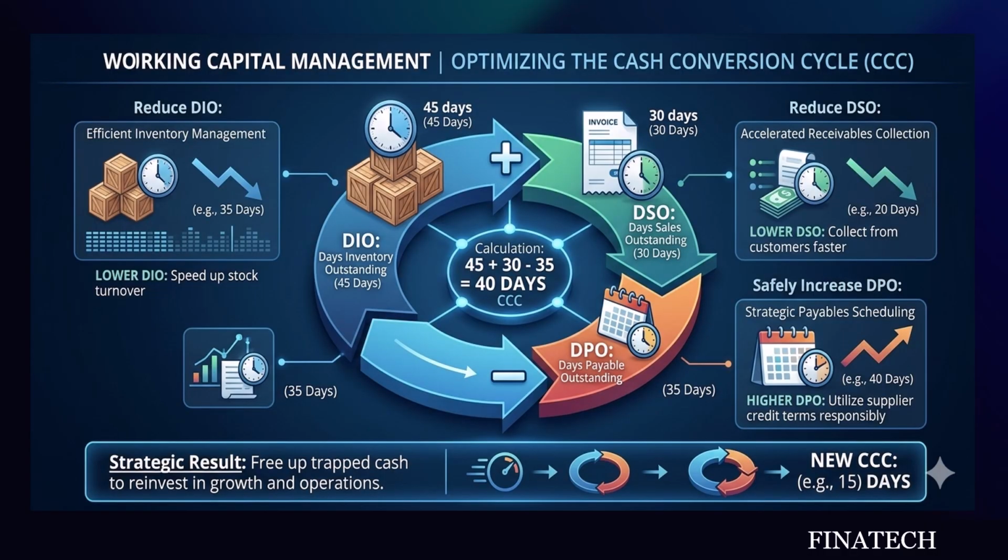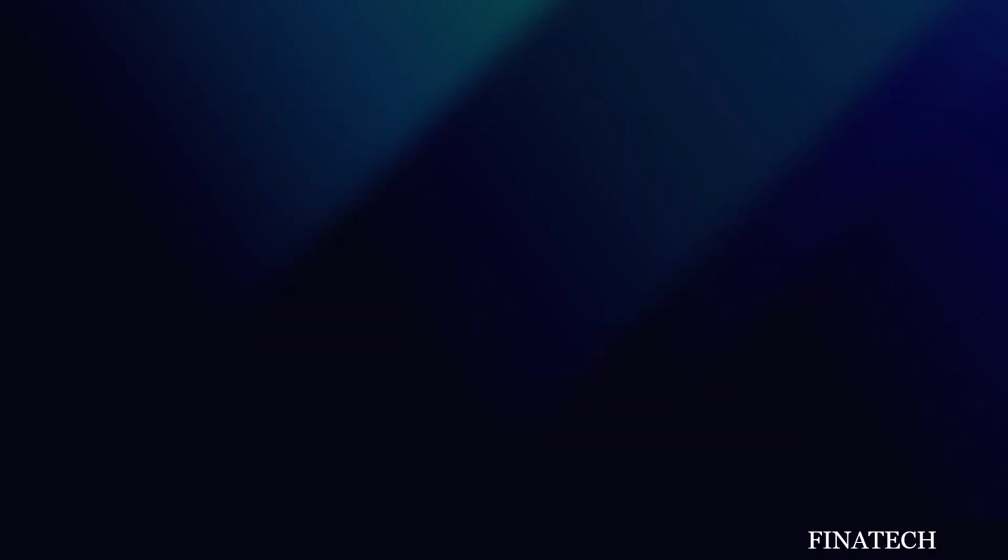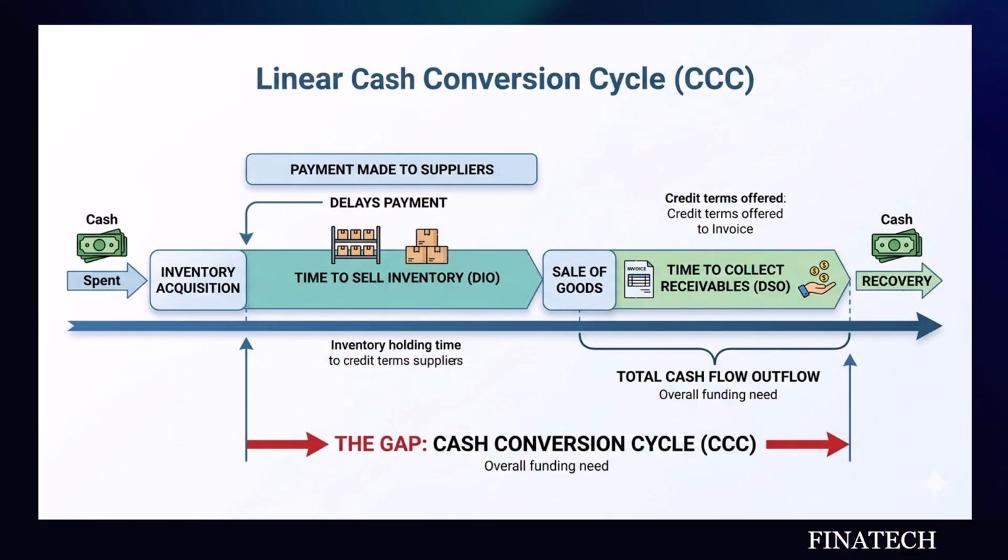Let's see a graph to show how it works. 45 days DIO, 30 days DSO, and 35 days for DPO. This is a sample graph showing how the linear cash conversion cycle, CCC, works.